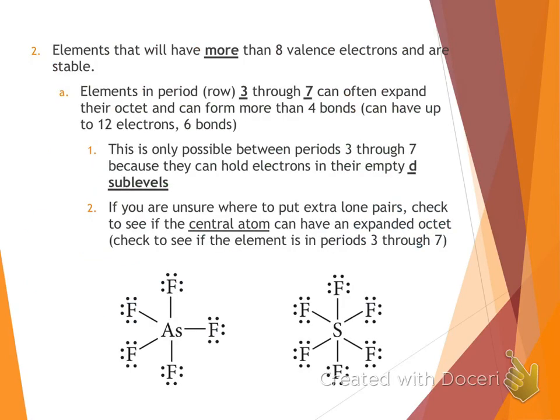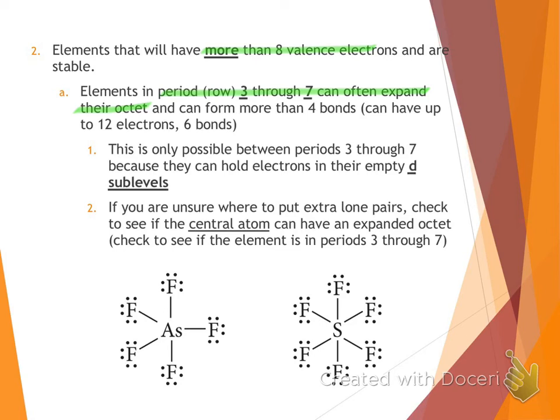Our other big exception to the octet rule is those elements that can have more than 8 valence electrons. Anything in period 3 through 7 can expand their octet to have more than 4 bonds, more than 8 electrons, and will typically have anywhere from 10 to 12 electrons in it.